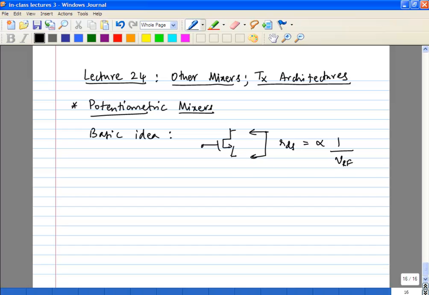You're going to try to make this inversely proportional to VRF. Okay, so that if you look at your IDS, and if VDS is a constant, you can make this proportional to VRF.